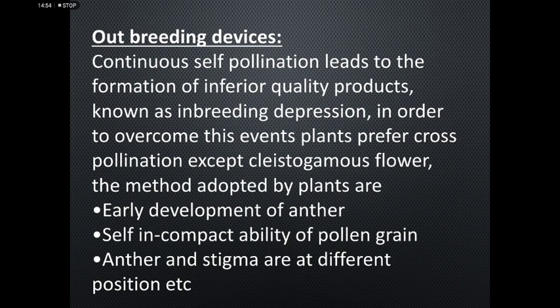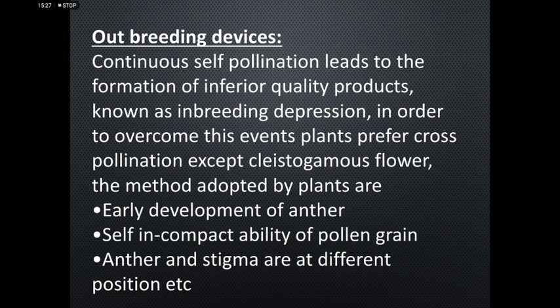Note the word again, inbreeding depression. In order to overcome this event, plants prefer cross-pollination except cleistogamous flowers, because in cleistogamous flowers the floral parts are not exposed. So there is no scope for cross pollination. So in the case of cleistogamous flowers, the only way is self pollination.